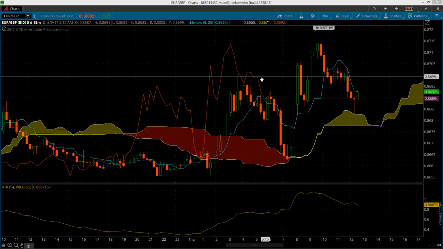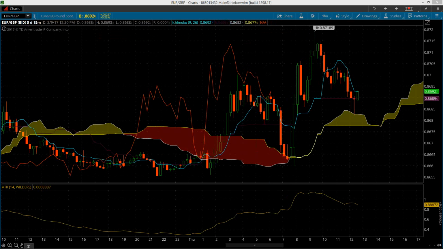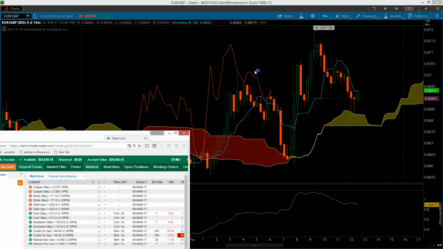Once the bar closes above the cloud, how do I choose the best practical target? That's a good question. It's all related to the expiration, right? It's pretty easy to trade an at the money option right when that happens, and I don't really need to focus too strongly on expiry for that case, because I can look at the entire strip of the forex binaries that Nadex has, and there's an expiration every 4 hours.